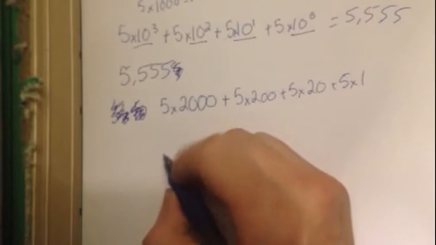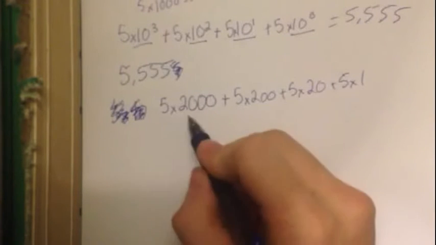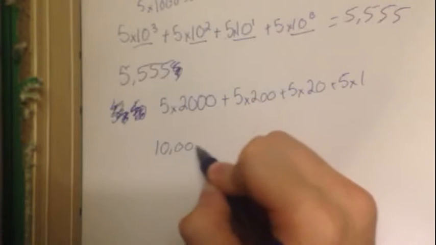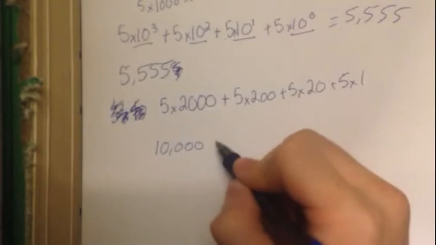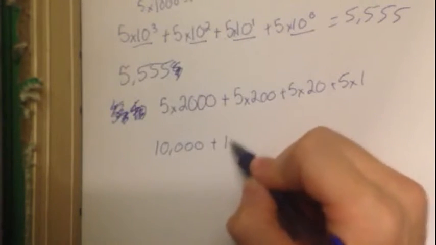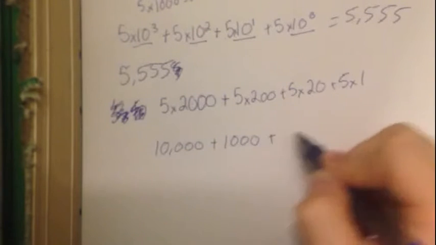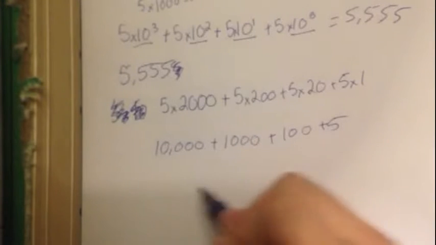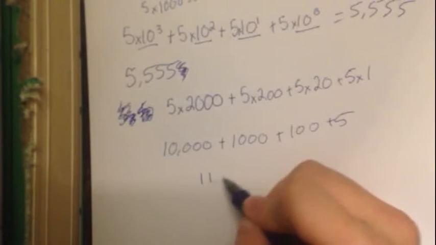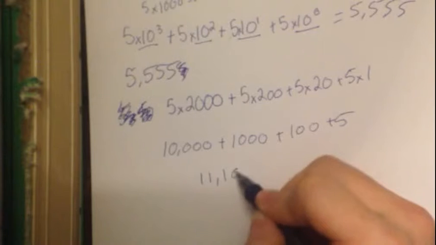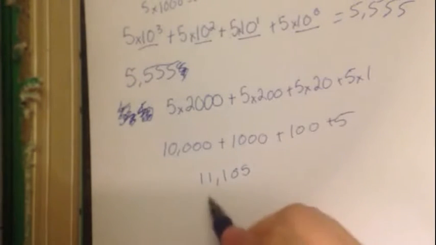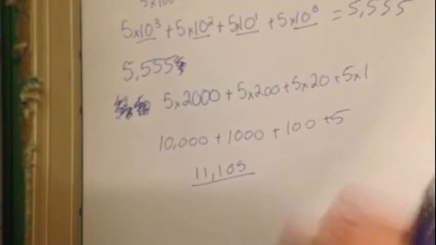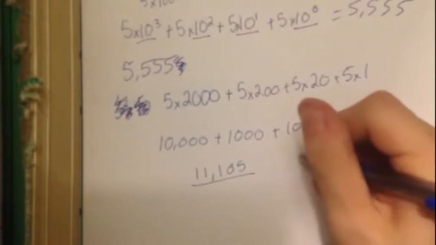And that would get us 5 times 20, 2,000, 10,000 plus 1,000 plus 100 plus 5 gives us 11,105. Okay, and that's what that number would represent in Mayan notation.